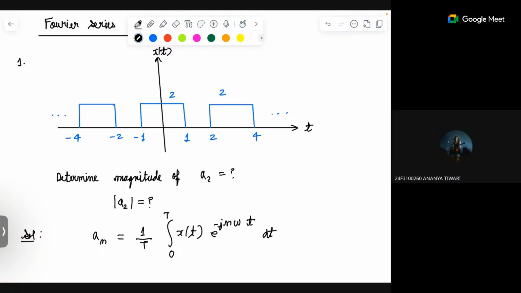Shall I start solving now? Ma'am, just give me a minute. Okay, actually the thing is we have to discuss convolution problems also, na?